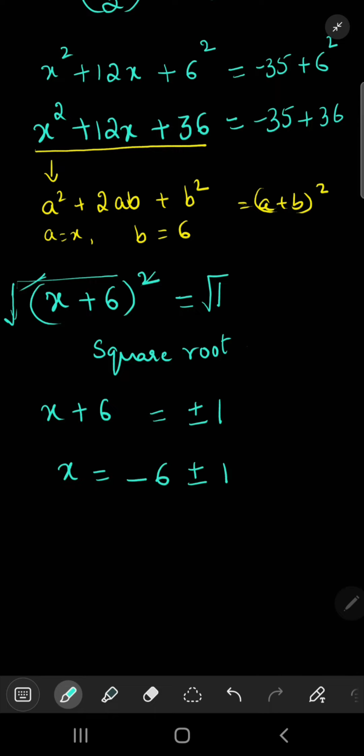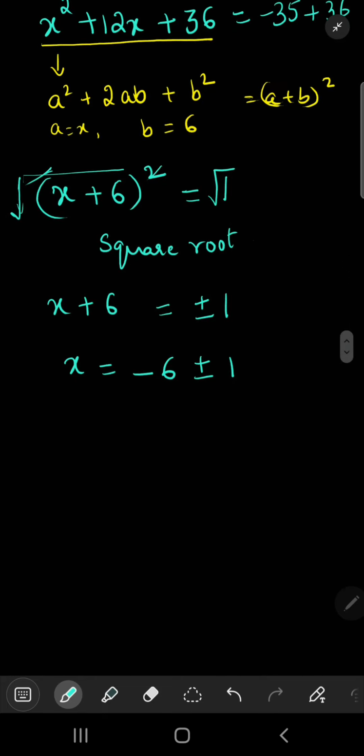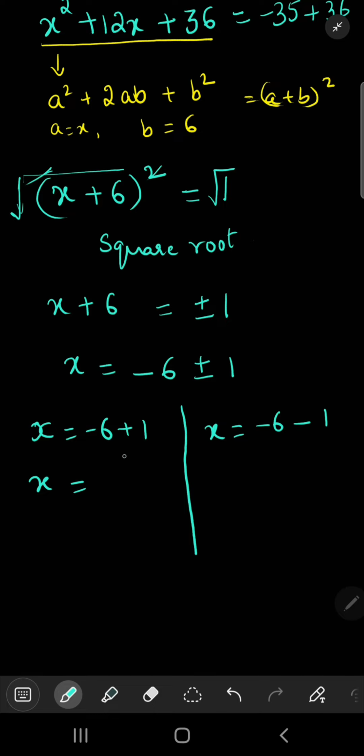So we will have two values of x. If x is equal to minus 6 plus 1, then x is minus 5, and x is equal to minus 6 minus 1, which is minus 7.